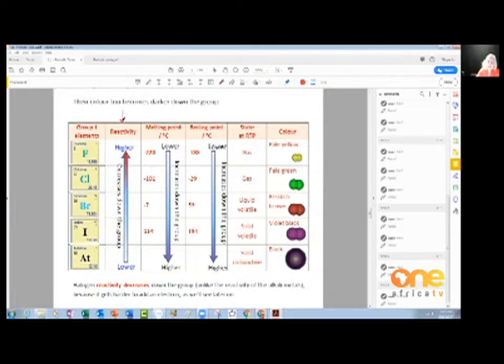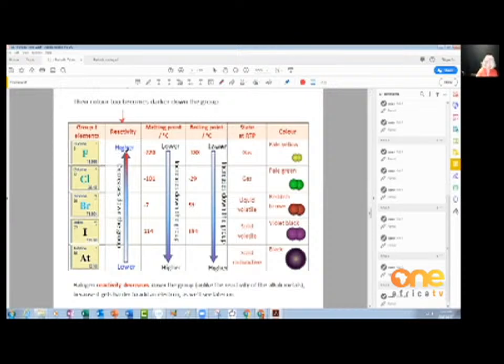So the reactivity of these elements, look at this. As we go down the group from fluorine towards astatine, the reactivity decreases.